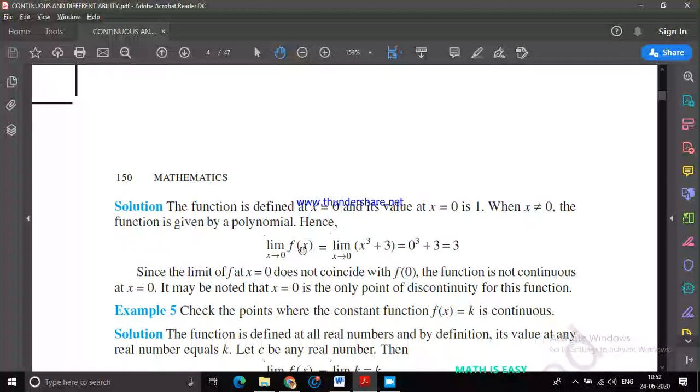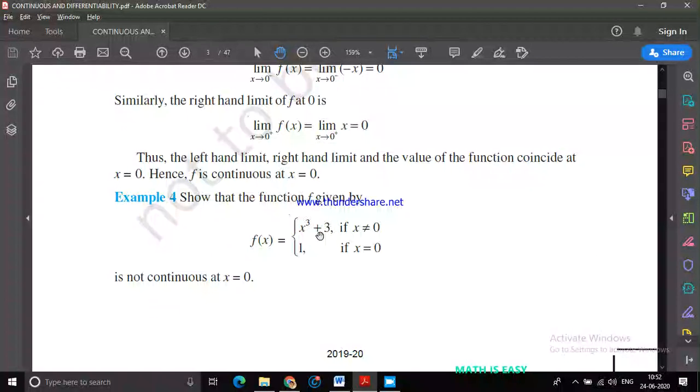Now see here, they did not find a left limit and right limit. Here they have written limit x tends to 0 only, not 0 minus or 0 plus. Why are they not finding both the left limit and right limit? Because whether it is the left limit or right limit, my function is going to remain x cube plus 3 only, because x is not equal to 0.